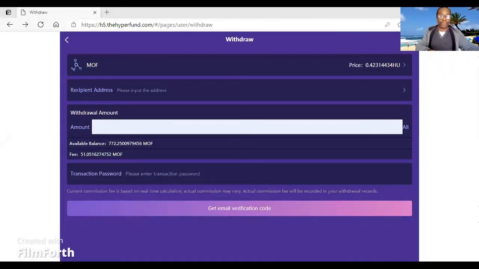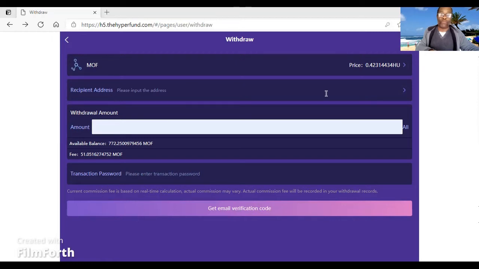Okay, so at this juncture, what you have to do is to put the address of the exchange where you want this withdrawal, where you want to send your molecular feature. So in this case, you can see here recipient address.